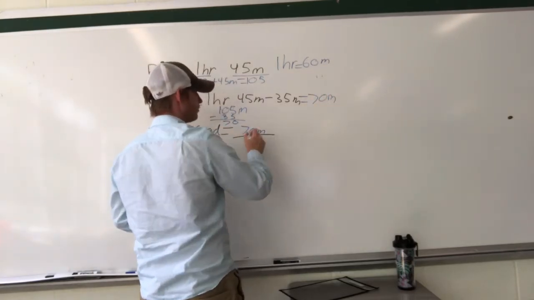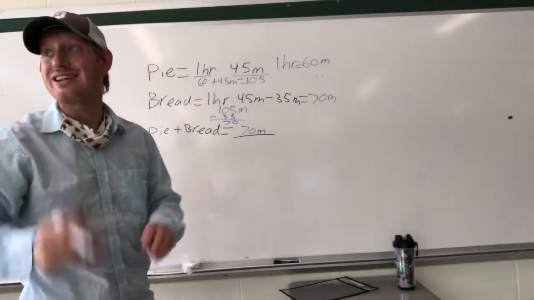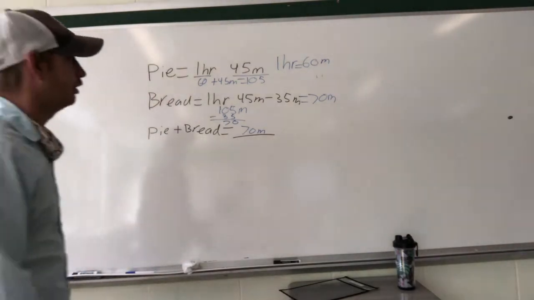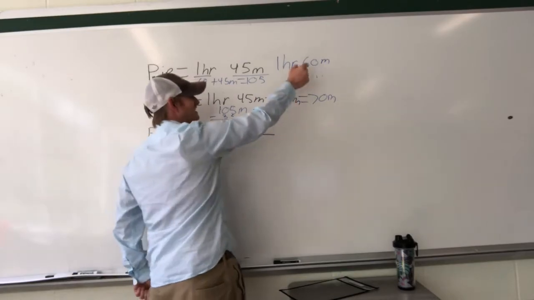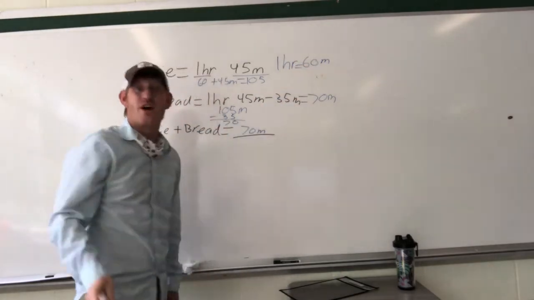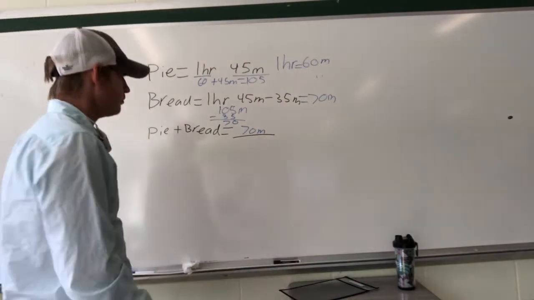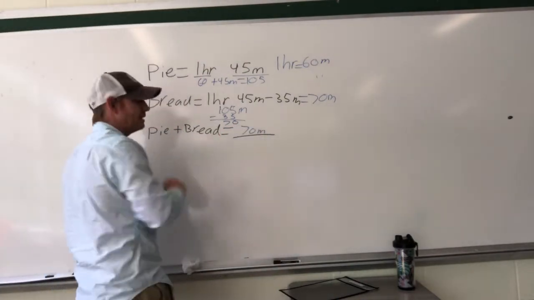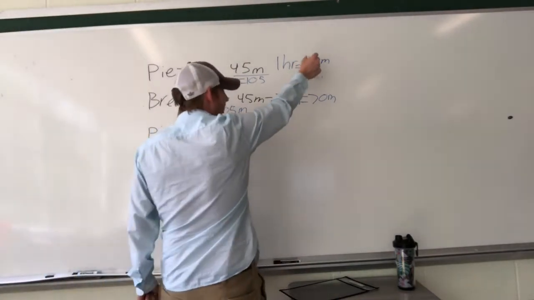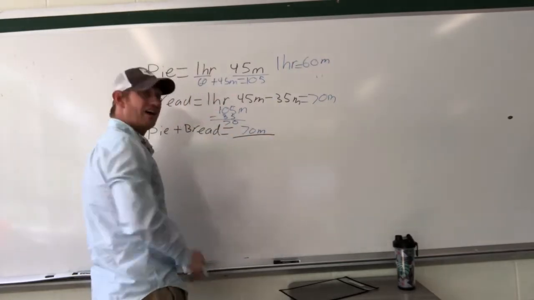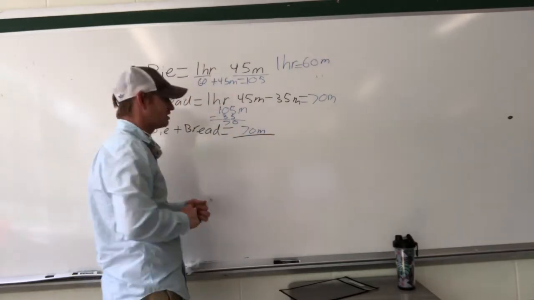70 minutes. But that's not going to be our final answer, because remember, 1 hour is equal to 60 minutes. We need to make sure we convert it back into our best answer. There's a few different ways I could do this.